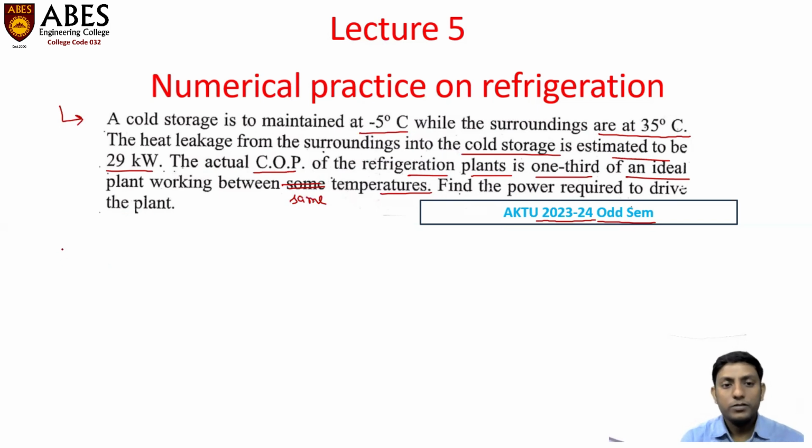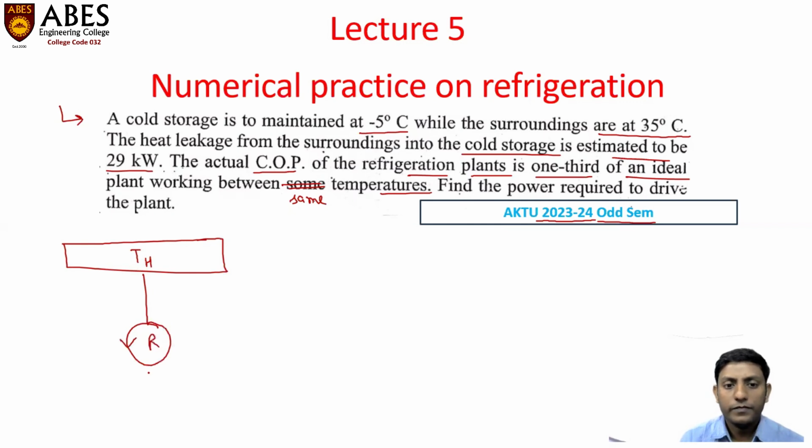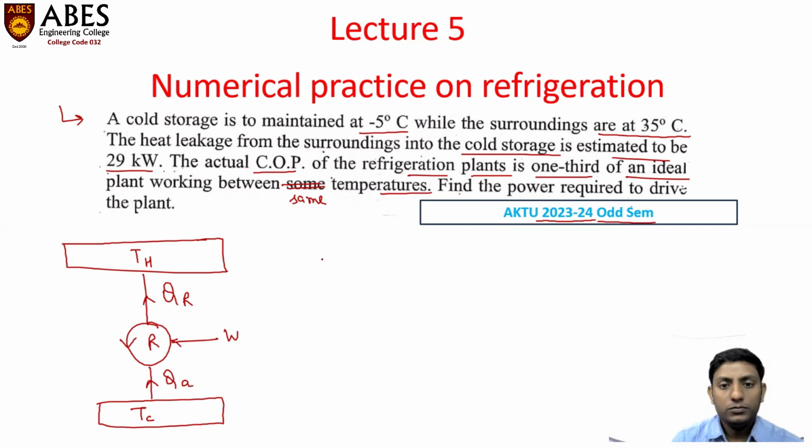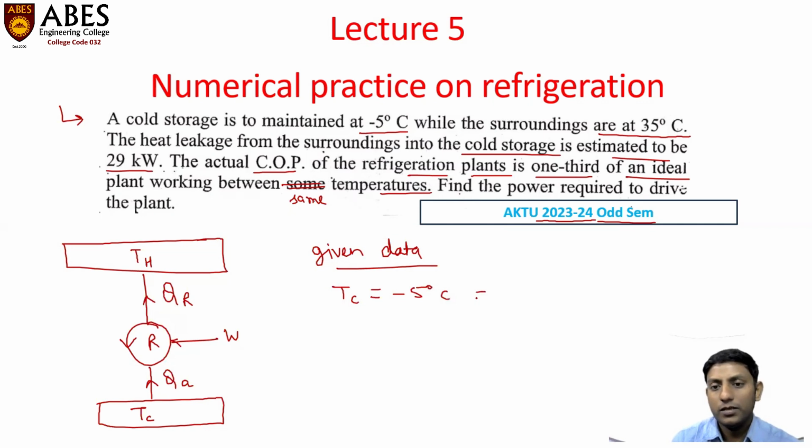So one more time, we are going to draw the same type of system: TH, refrigerator, TC, QA, and work W. And to note down the given data, TC from the question is -5 degrees Celsius, which will be equivalent to 268 Kelvin.